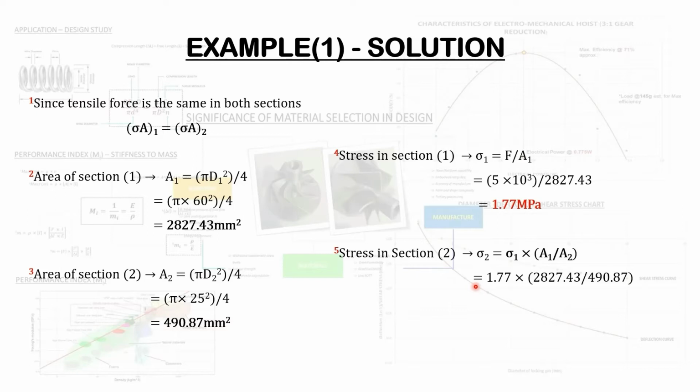Thus, sigma 2 is equal to 1.77 times A1, which is 2,827.43, divided by 490.87. And that yields a value of 10.19 MPa.